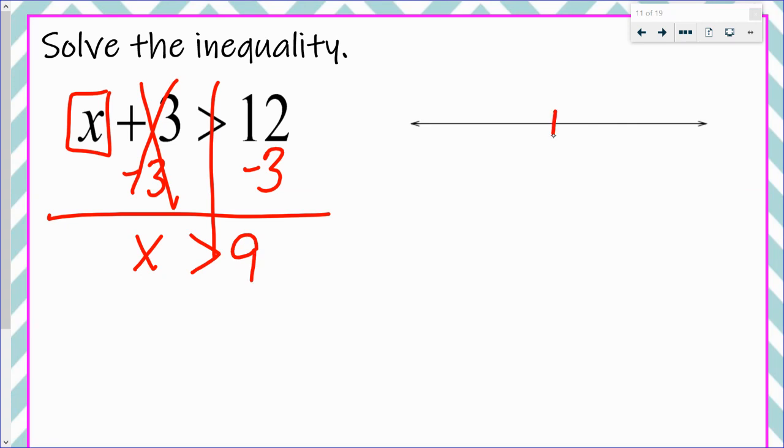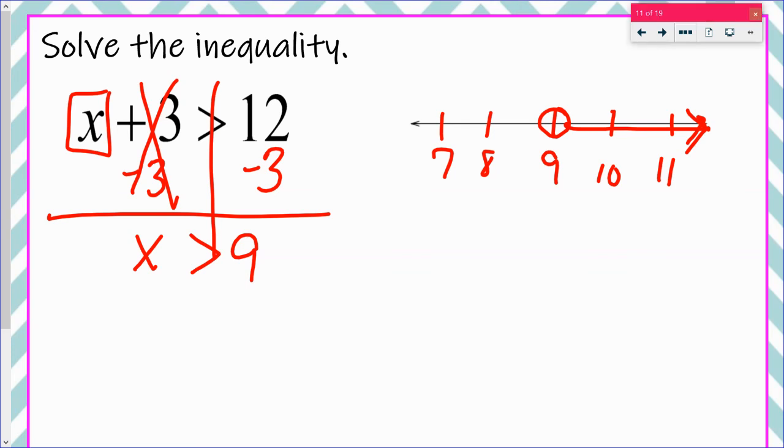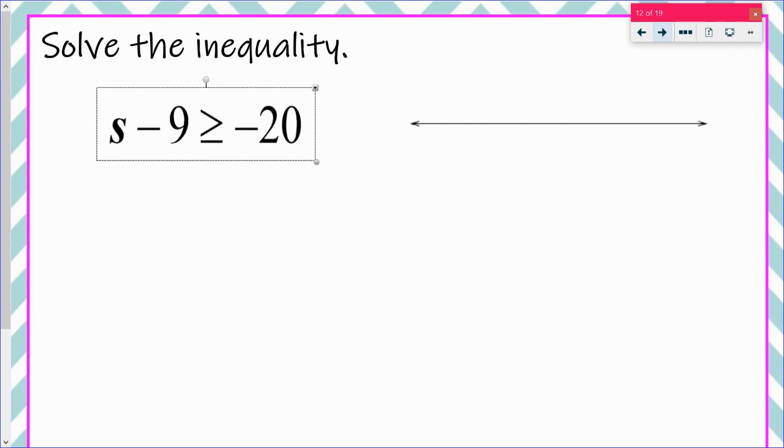So then, just come on over here. 9, 10, 11, 8, and 7. If x is greater than 9, I'm going to put an open circle on 9, shading to the right. It's a bad arrow. Let's try it again. Awesome.